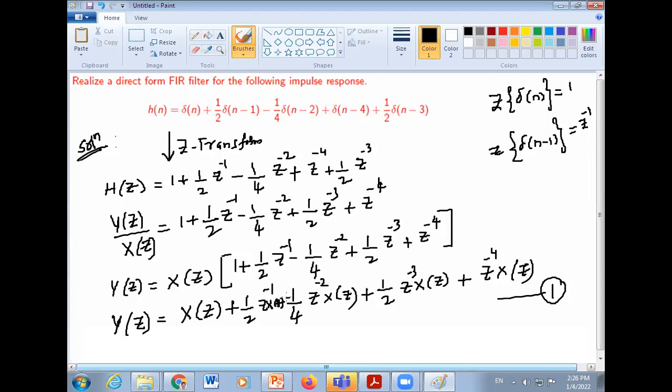Okay. This is minus. Now again, if I apply inverse Z transform to this, what we will get?